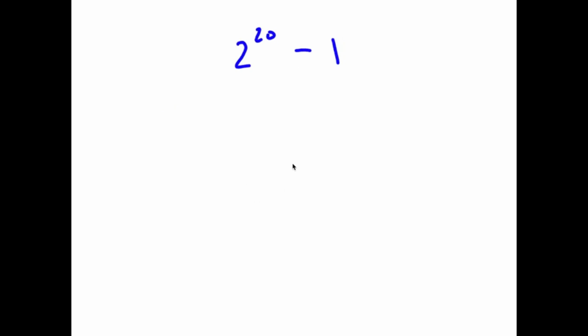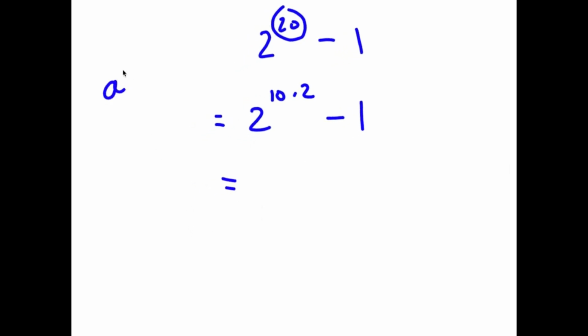Alright, so in this problem, I have 2 to the power of 20 minus 1. So to solve this, I'm going to first rewrite 20 here as 10 times 2. So now I have 2 to the power of 10 times 2 minus 1. And if I have something in the form a to the power of m times n, this is equal to a to the power of m to the power of n.